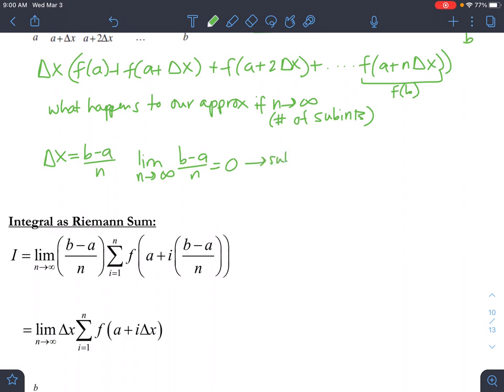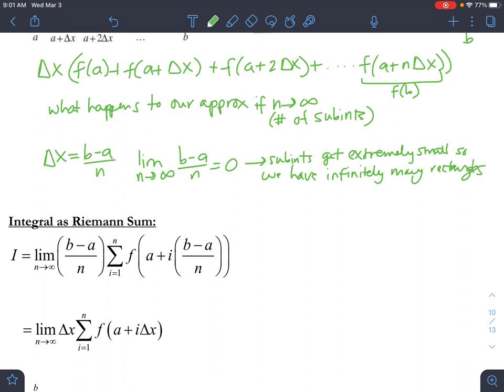So the subintervals get extremely small, and we have infinitely many rectangles, AKA the exact area.